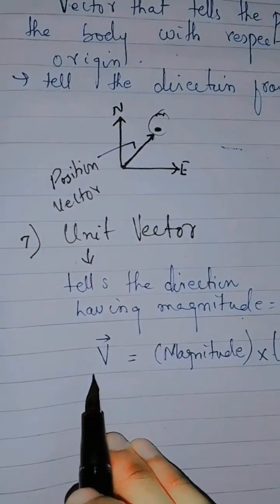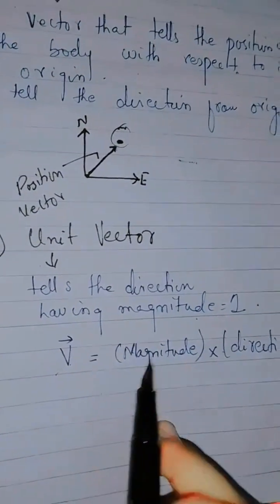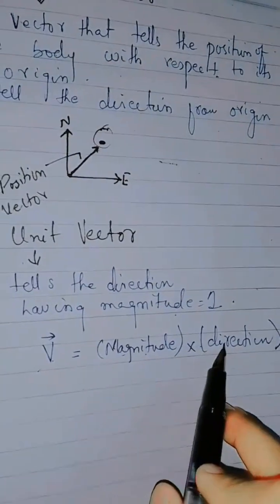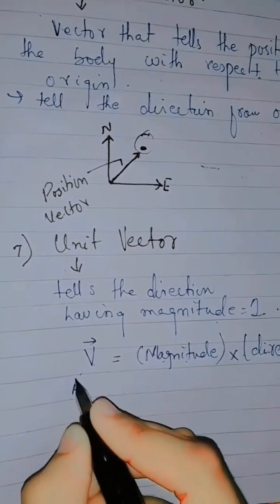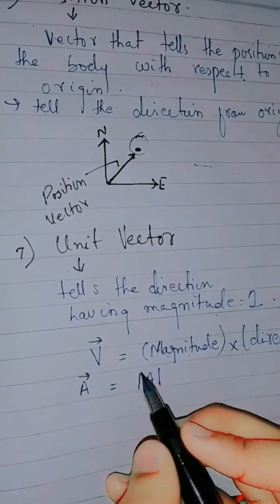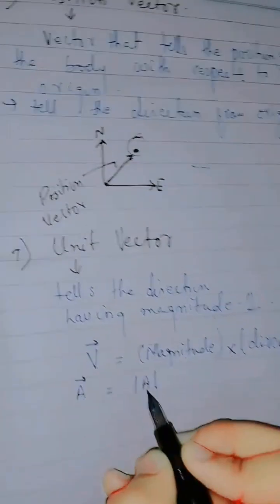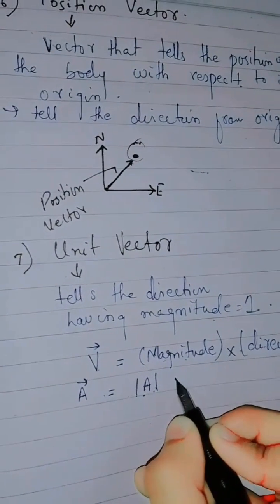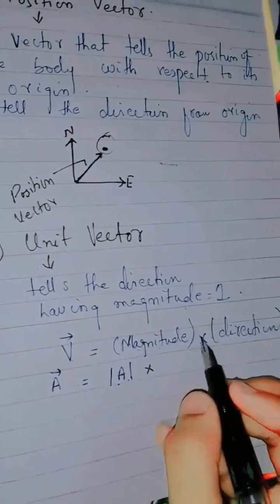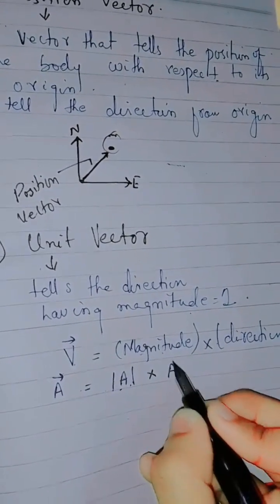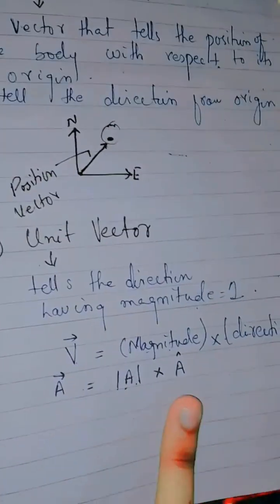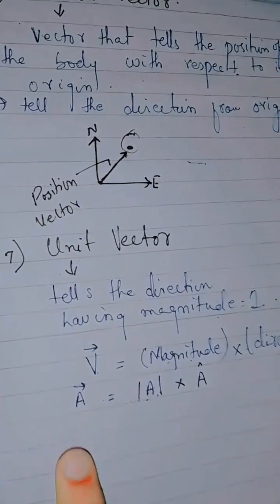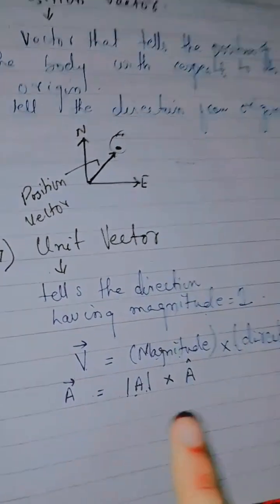If we talk about the vector, what is vector? It consists of two things, magnitude and direction. So for example, if we take a vector A, it is having the magnitude A that we show as a mod, and it is having a direction that we show as cap on it. So a vector A is having a magnitude and direction.